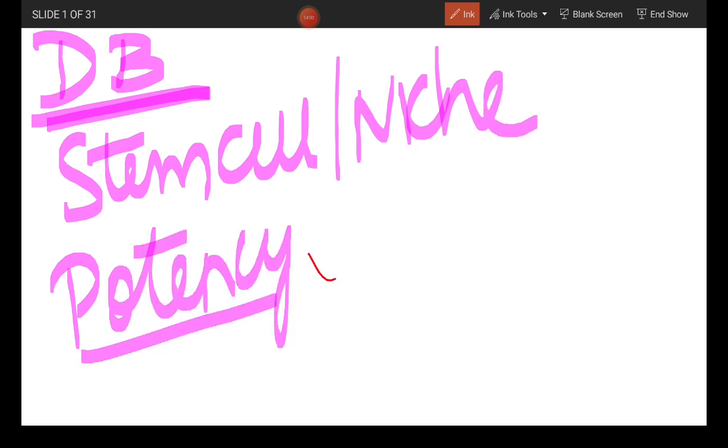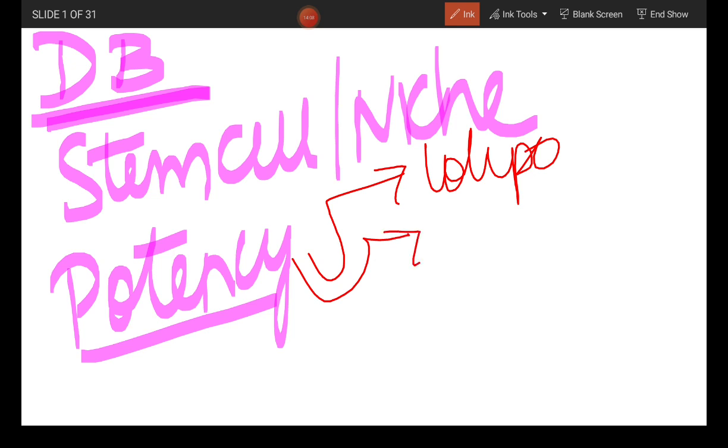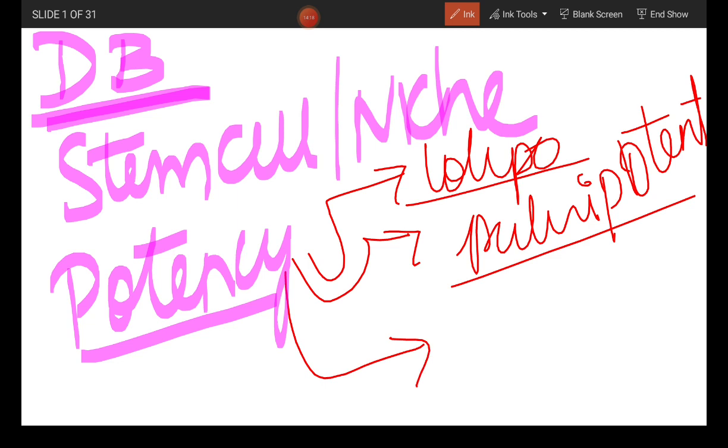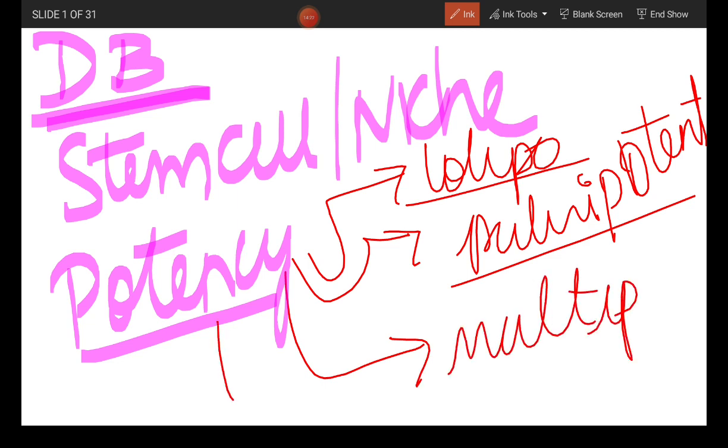We have seen the various types of potency: totipotency, pluripotency, multipotency, unipotency.